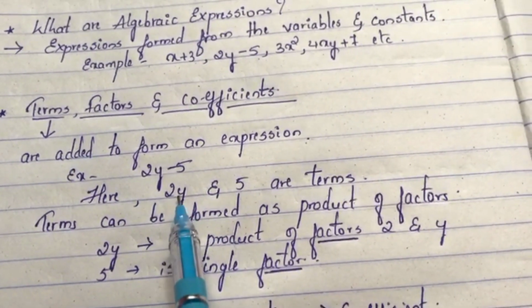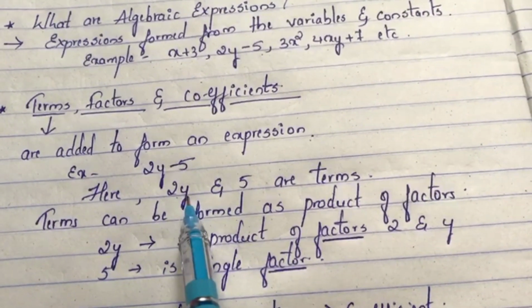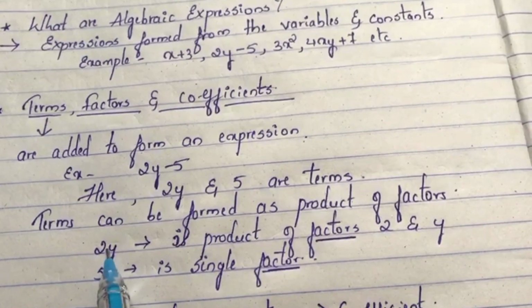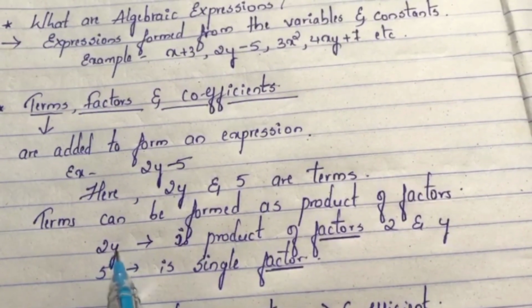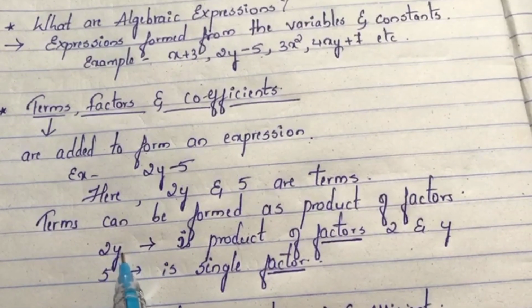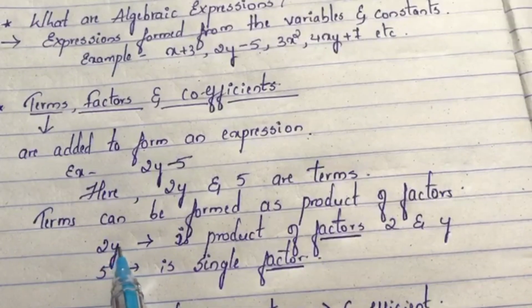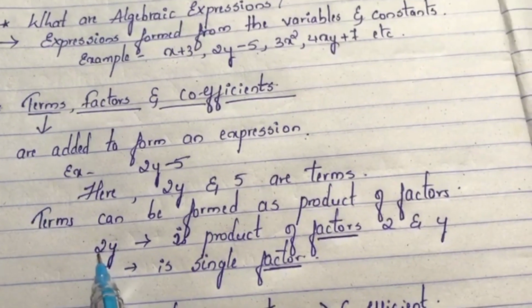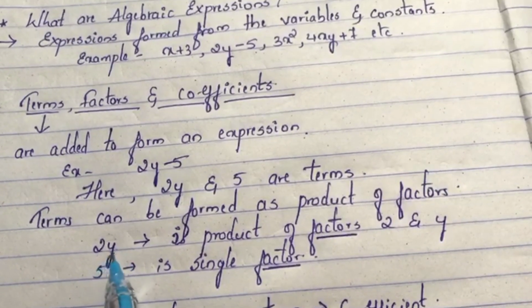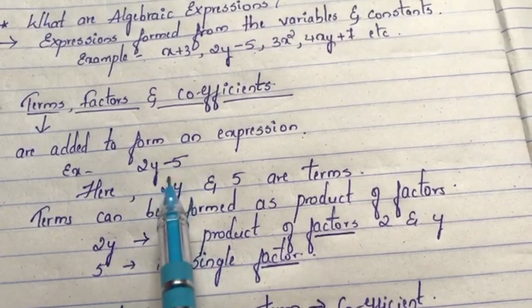Here the factors are 2 and y. In 2y, 2 and y are separate factors. The product 2y is known as a term, and if we separate these two, they are called factors. Here 5 is a single factor.